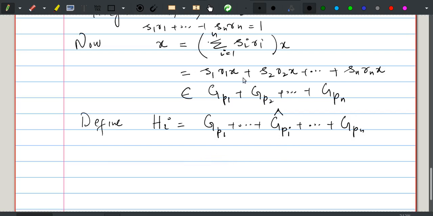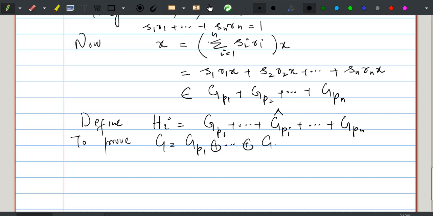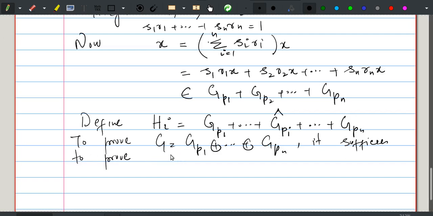Now to prove this representation is unique, that is, to prove G is the direct sum of these primary components, it suffices to prove that the intersection of this hi with this G pi is the singleton 0.